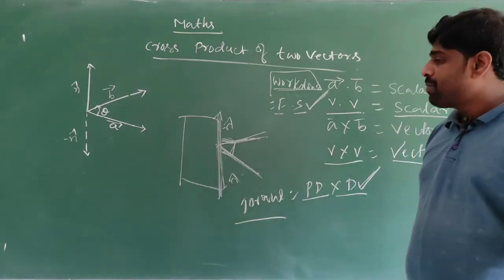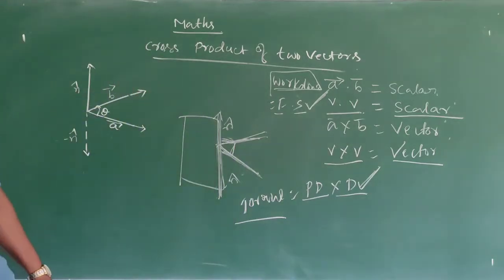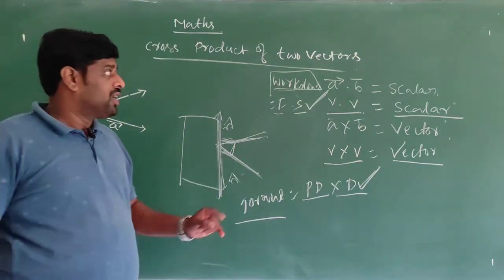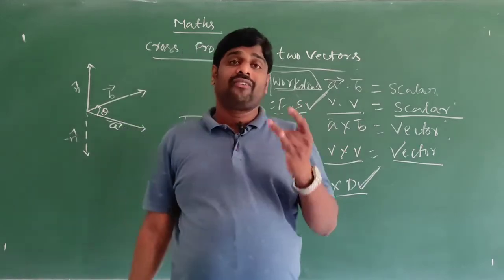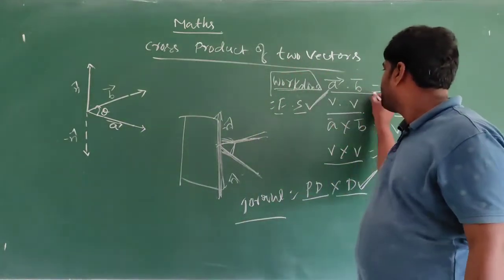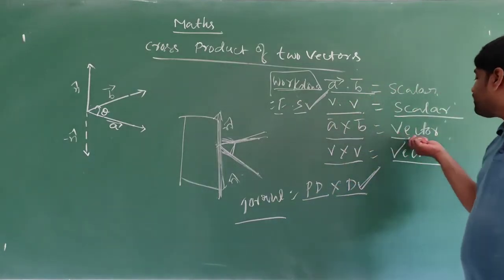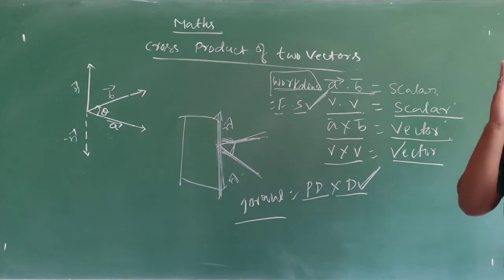Now I am going on to the observation points. I think all of you are clear. When you take vector dot vector, you get a scalar, called the dot product. When you take vector cross vector, you get a vector, called the cross product.